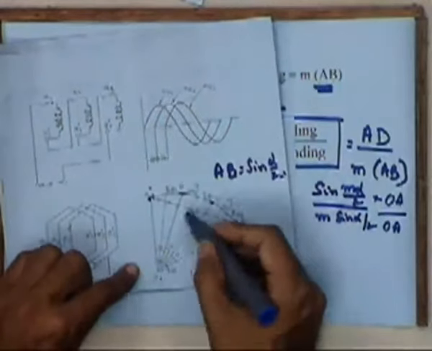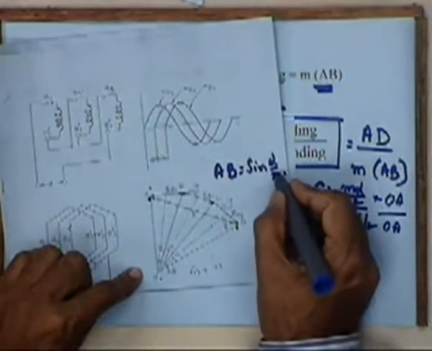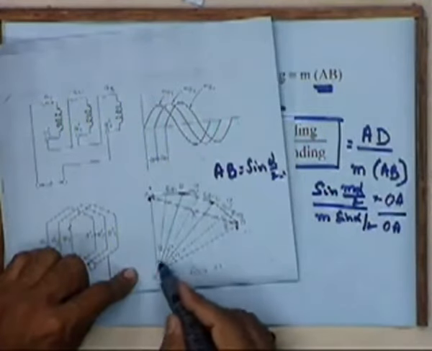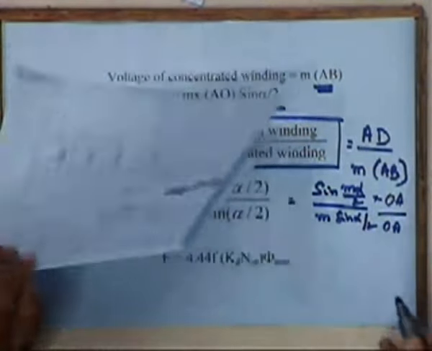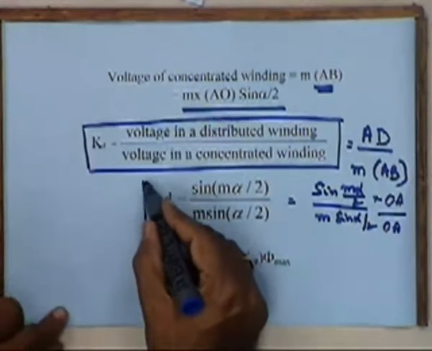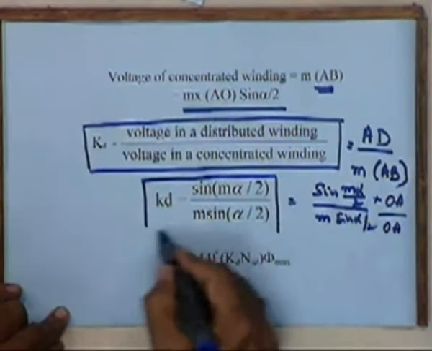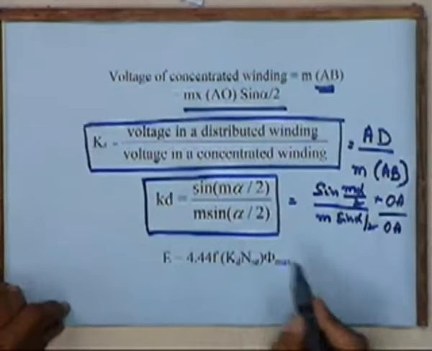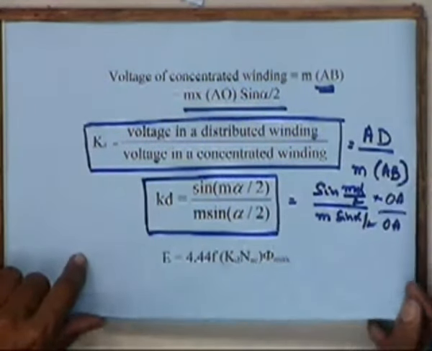Since AB is OA sine alpha by 2 and AD is OA sine m alpha by 2, we get this relation. So we now notice that we get an important expression for the distribution factor KD as sine m alpha by 2 over m sine alpha by 2.